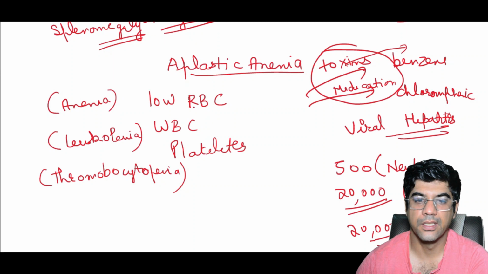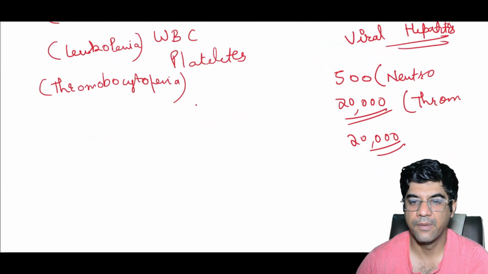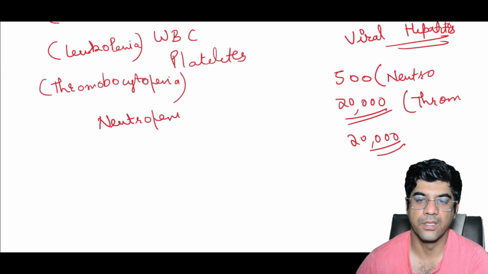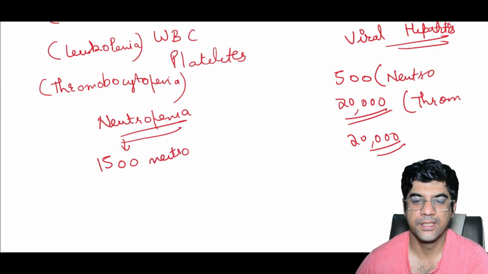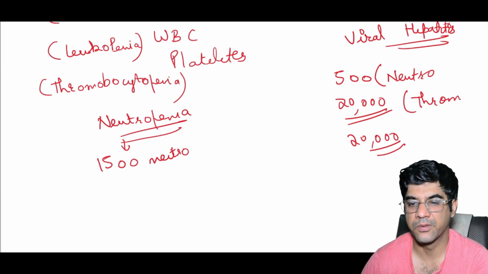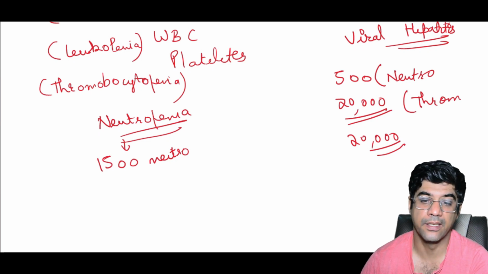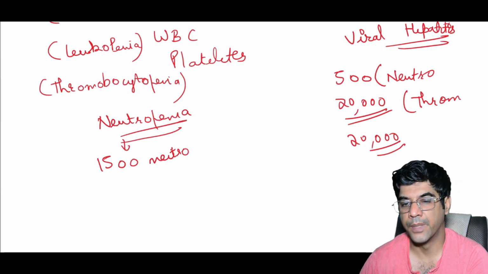The next condition is neutropenia. Neutropenia is defined as having less than 1500 neutrophils per microliter of blood in adults. Now, genetic abnormalities like dyskeratosis congenita and severe congenital neutropenia can cause neutropenia from birth.